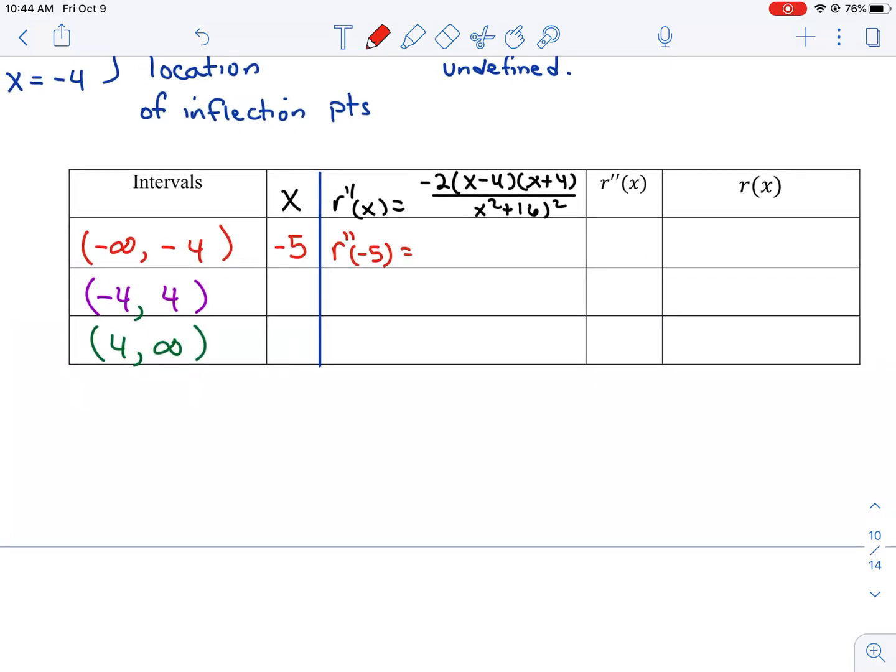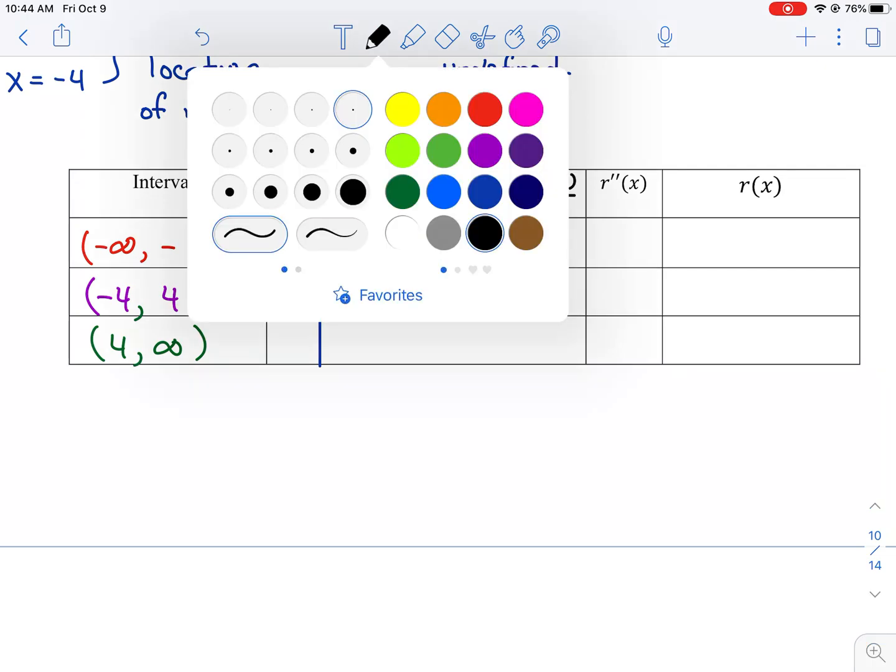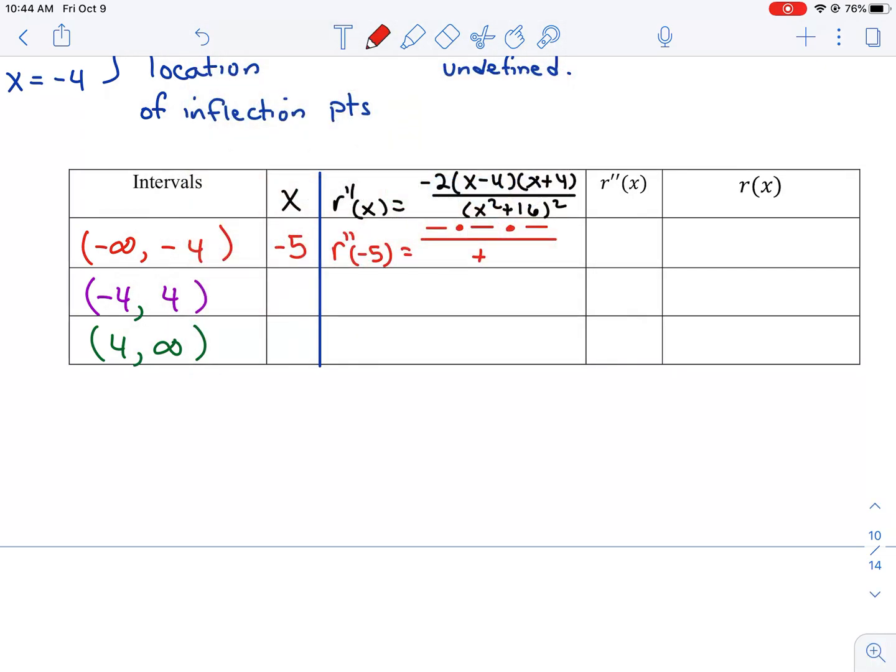I just want to know the signs. So this is -2 times -9 times a -1. And we're going to divide that by a positive value in the denominator. And the result is that the second derivative is negative, which means the graph is going to be concave down.